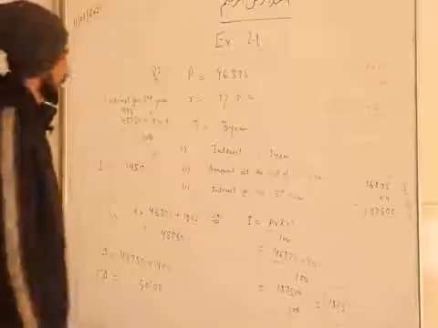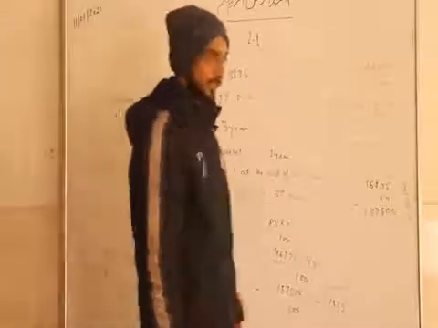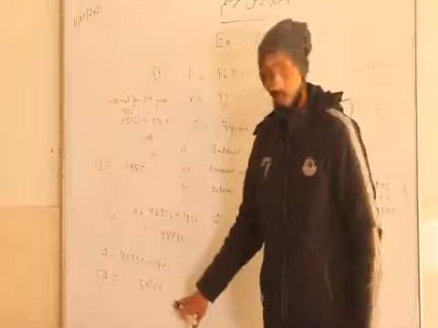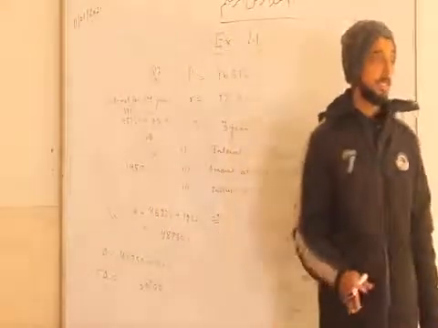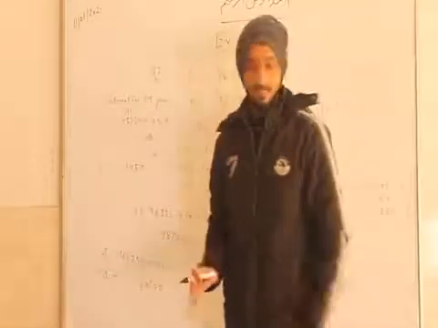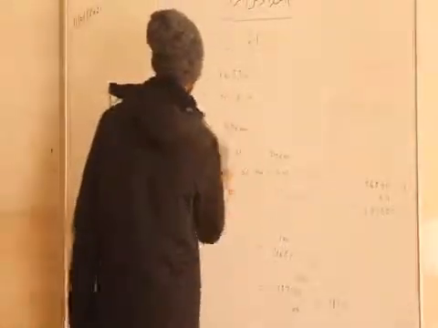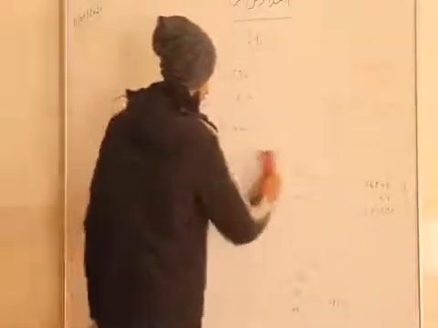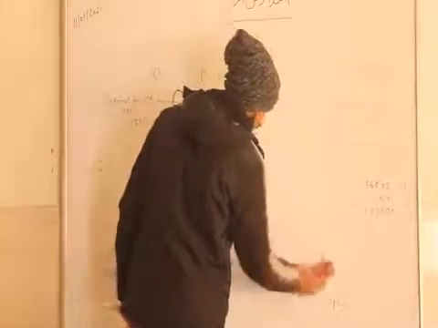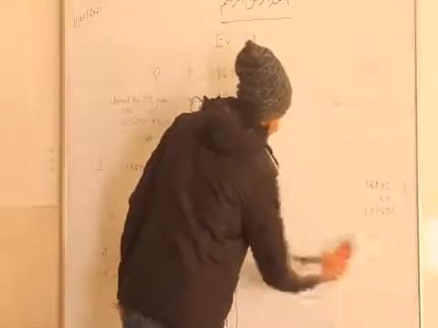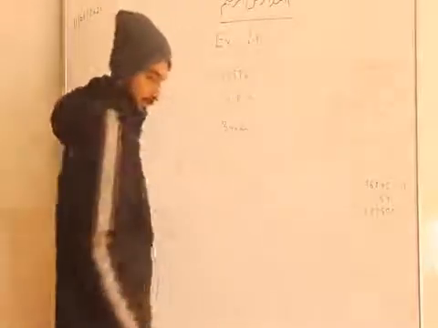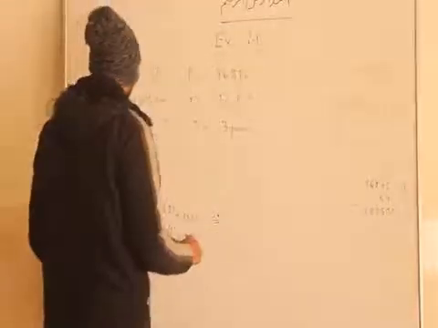Fine. And now the third part is the interest for the third year. So now we will take this amount as the principal for the third year and we can calculate the interest in the same way. Now see the interest for the third year.